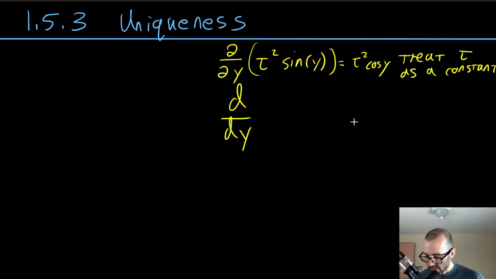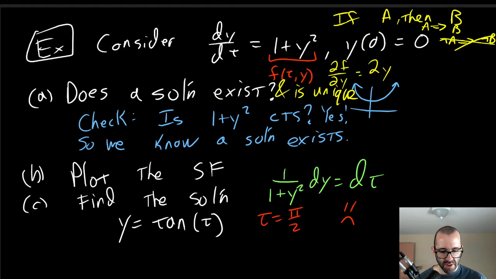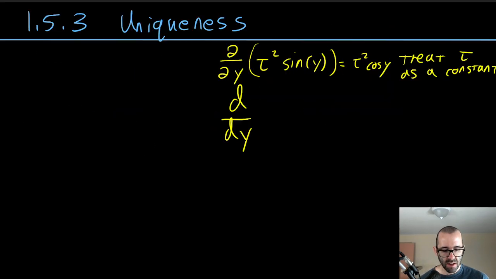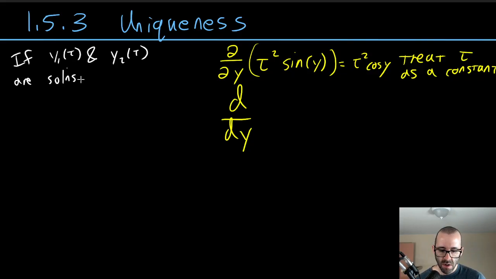So a couple other things. There is another way of talking about uniqueness, and that is that you could say if y1 of t and y2 of t are solutions, then they're the exact same thing, which sounds a little silly. But this is another way of talking about uniqueness.